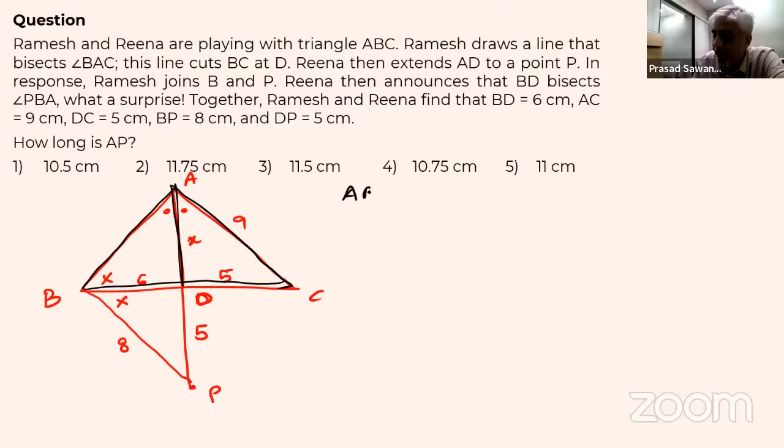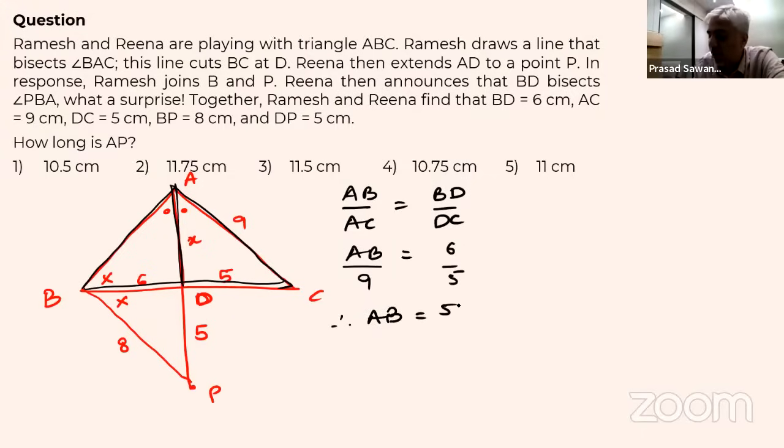It's AB upon AC is BD upon DC, which is AB upon 9 is 6 upon 5. Not Apollonius, sorry. Apollonius is used when there is a median. Therefore, AB is 54 upon 5. Leave it as it is. You can write 10.8, but I don't think there's a need. I got AB. Let's use the angle bisector theorem one more time.